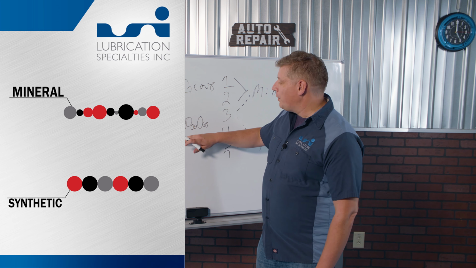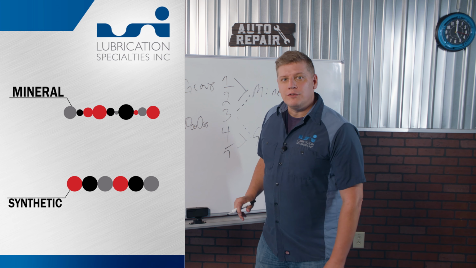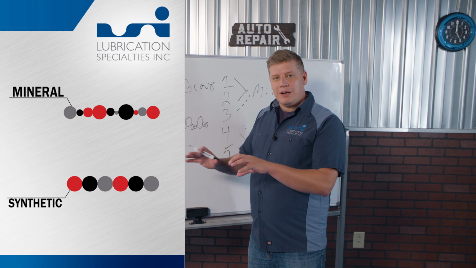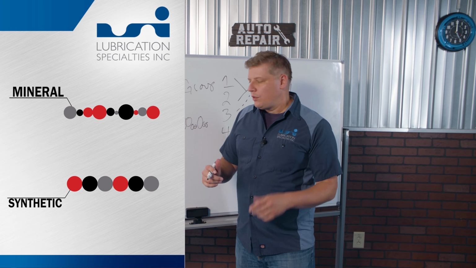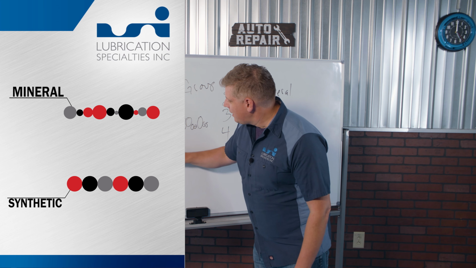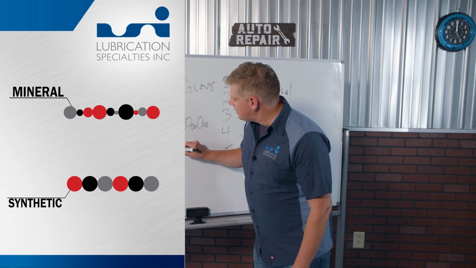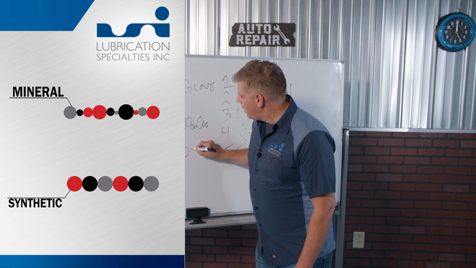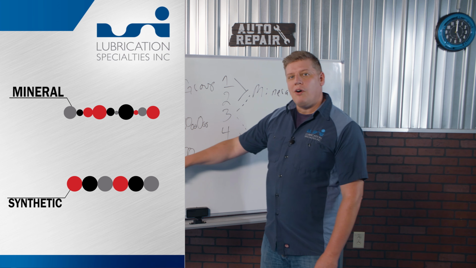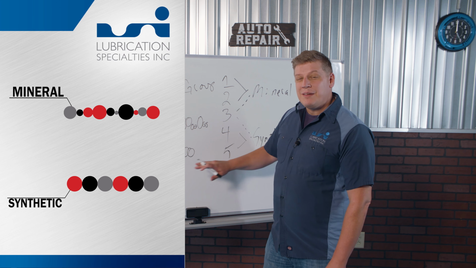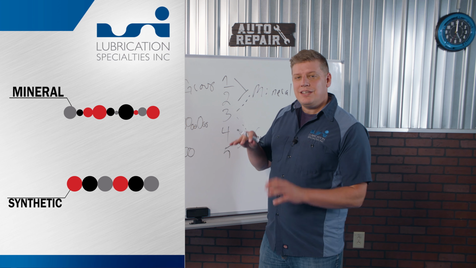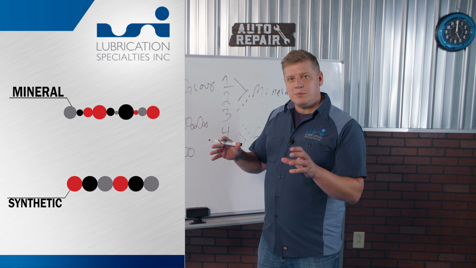They won't be uniform. That makes it more difficult for them to get into all the different asperities in your engine and cover all the parts. However, synthetic, once they've been processed, their molecules are all uniform size. That makes it much easier for them to get into the engine parts, cover the asperities, and protect your engine.